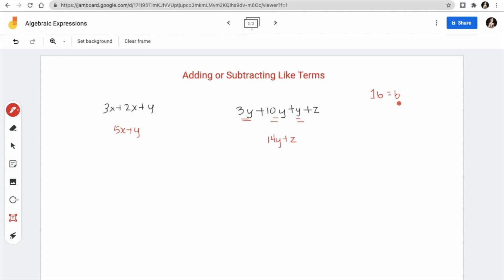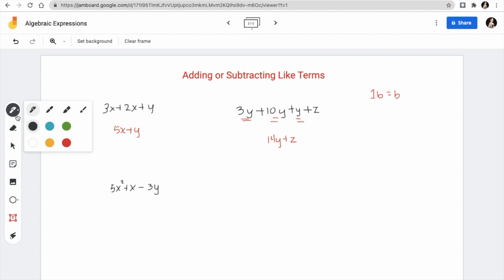Now, one of the common mistakes that most students make is when they see an exponent in the variable and add it. Let's say you have 5x squared plus x minus 3y.